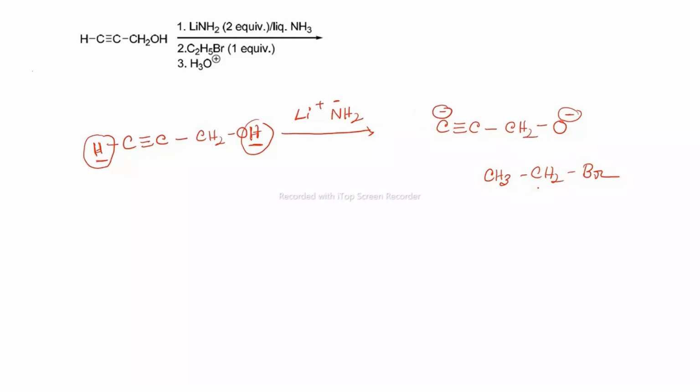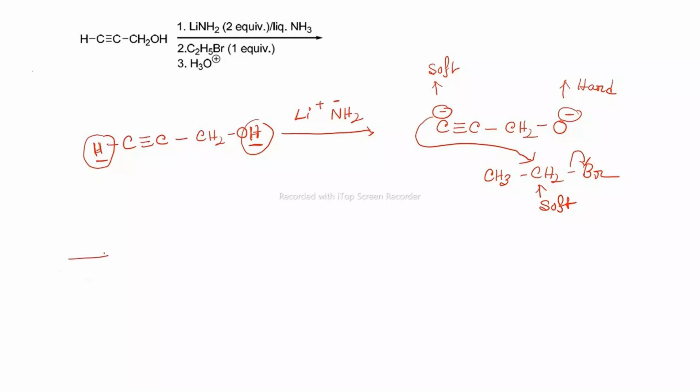To know this answer, we have to come to the soft and hard concept. CH2Br is basically a soft center, and among these two, this is the soft center and this is the hard center. As we know, soft-soft interaction is good, so the nucleophile must attack here, one SN2 reaction will happen, and the bromine will leave.